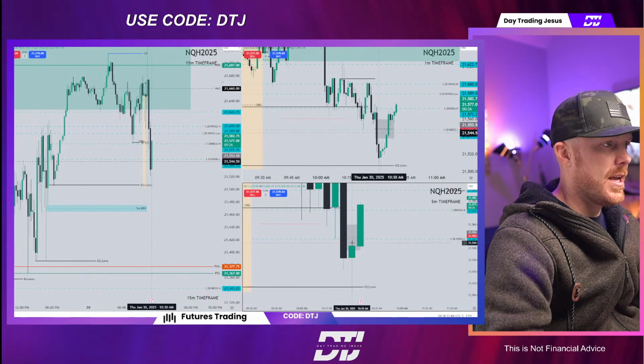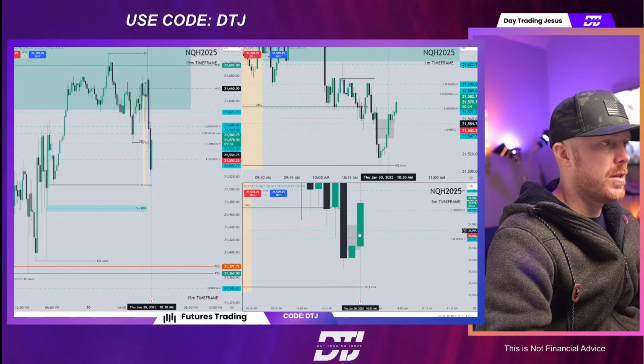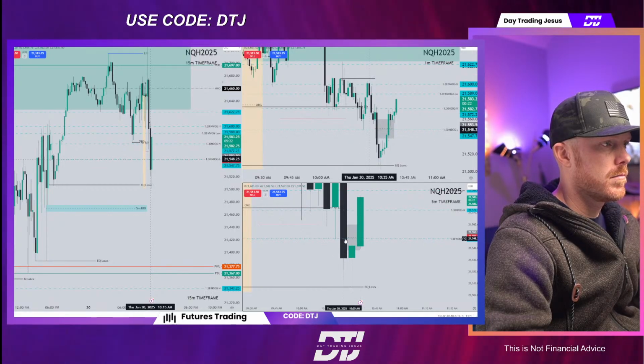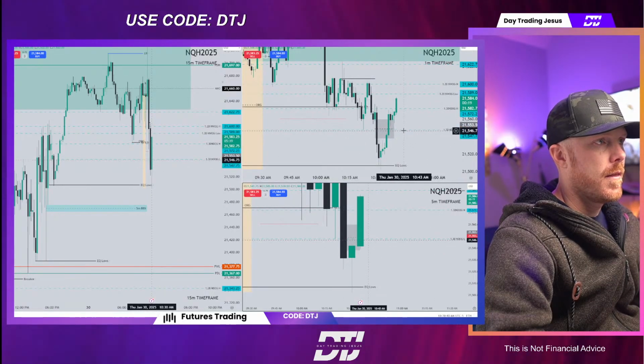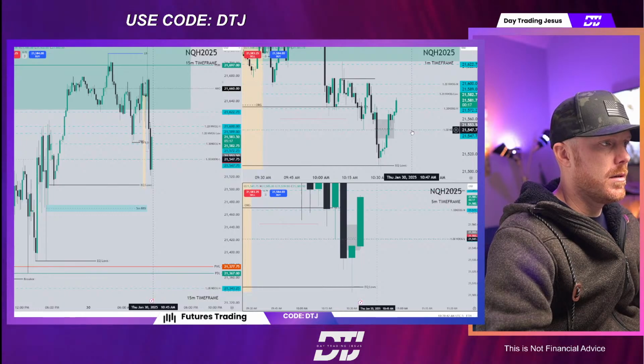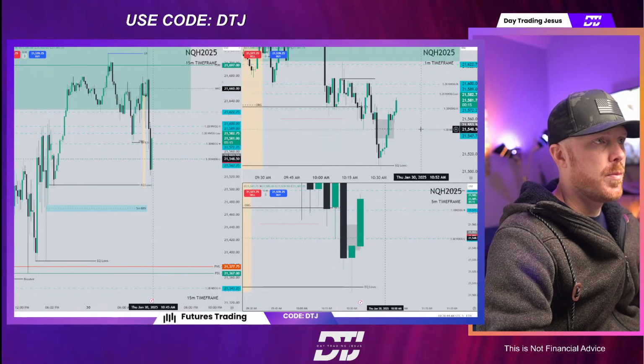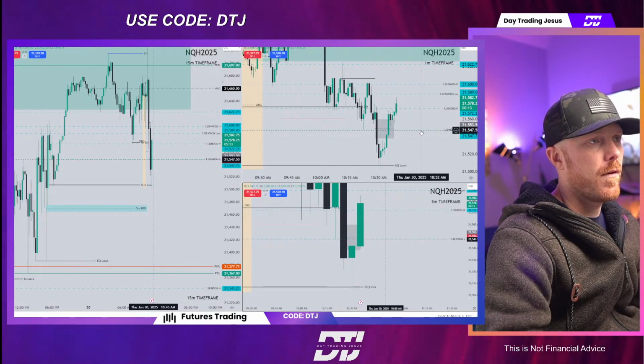We're going to have a 5-minute inversion created here, the high being the new day opening gap sitting at 547.